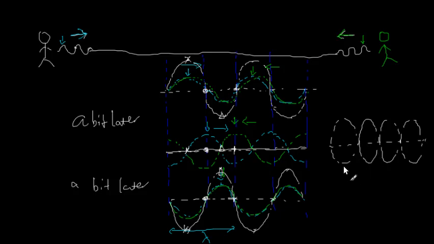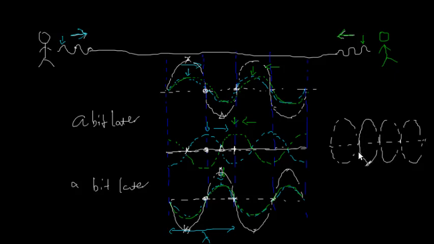What this represents doesn't mean that you have two waves like that and like that at the same time. It just means that at one instant the wave is like this, and a bit later the wave is like this, and a bit later like this. So you have this point here, which always moves up and down, but you also have points in between that are always at rest.